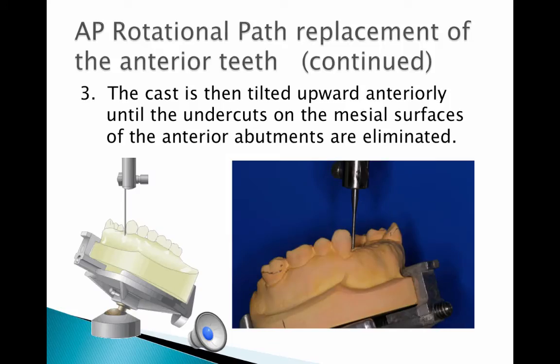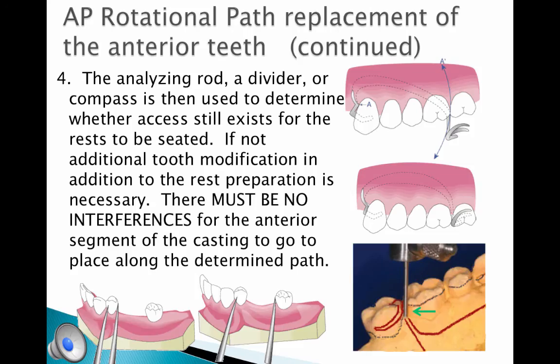The cast is then tilted upward anteriorly until the undercuts on the mesial surfaces of the anterior abutment teeth are eliminated. This is the path of draw for the first insertion of the rotational path removable partial denture. The analyzing rod, a divider or compass, is then used to determine whether access still exists for the rest to be seated.